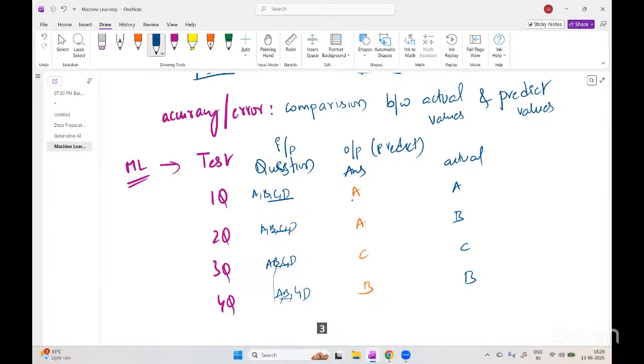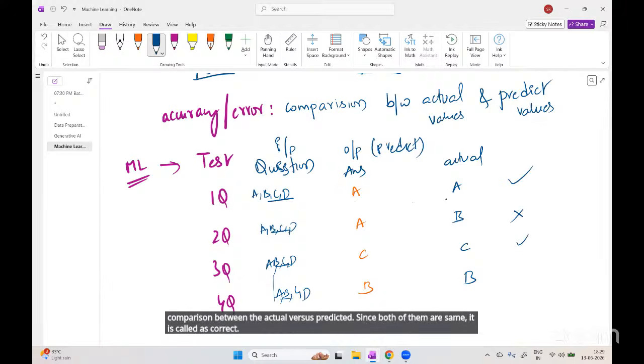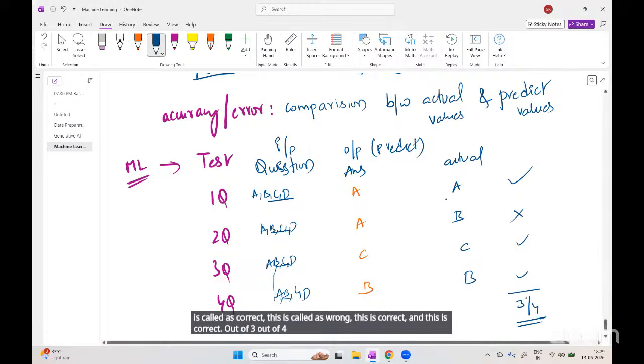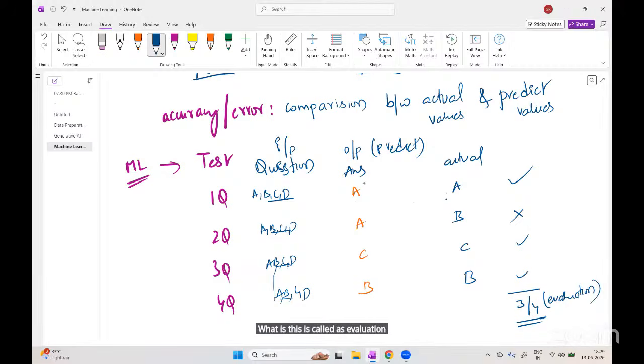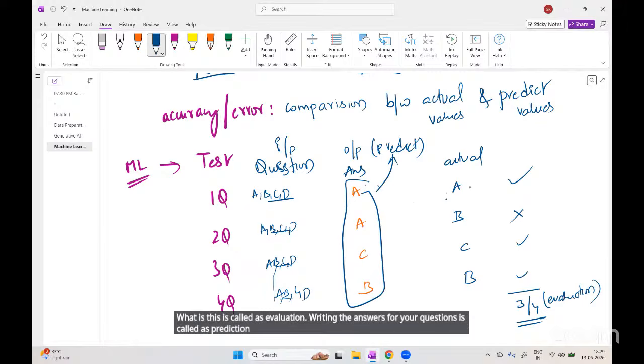How are you saying that? Comparison between the actual versus predicted. Since both of them are same, it is called as correct. This is called as wrong. This is correct and this is correct. Out of 4, 3. This we call as evaluation. Writing the answers for your questions is called as prediction, and comparing that with the original answers is called as evaluation.